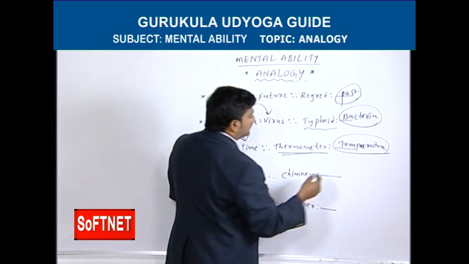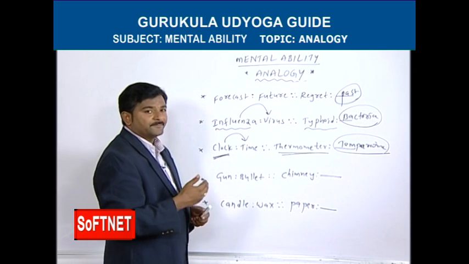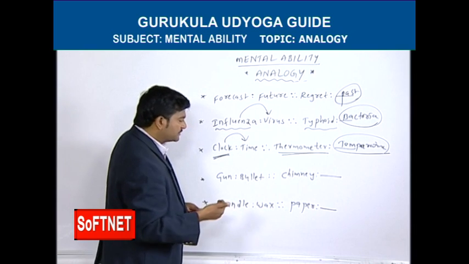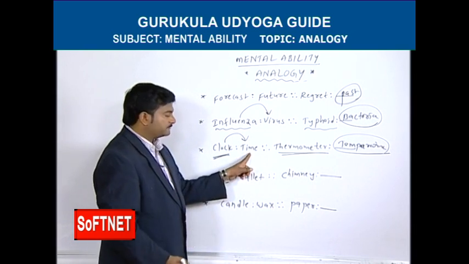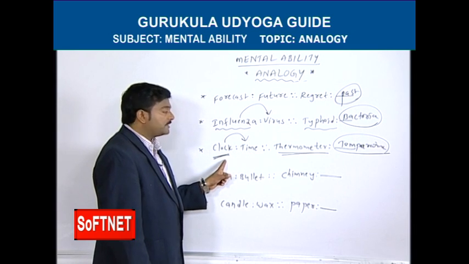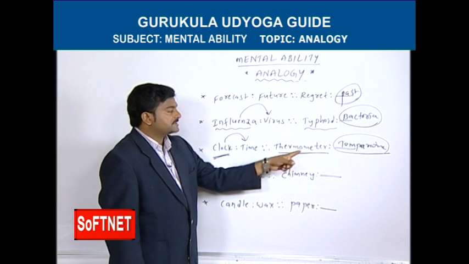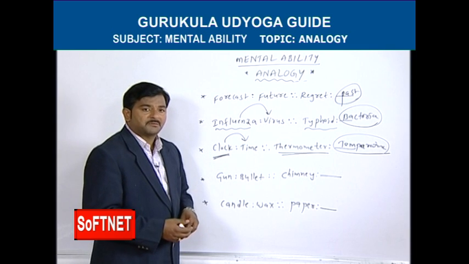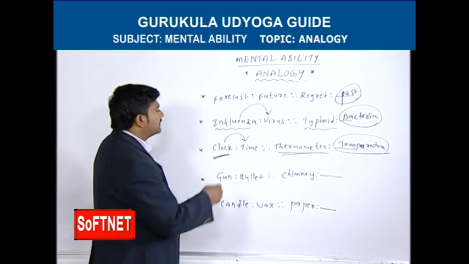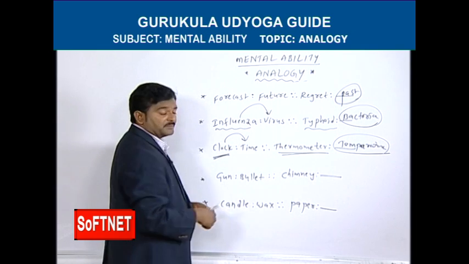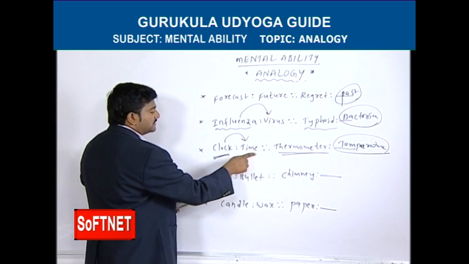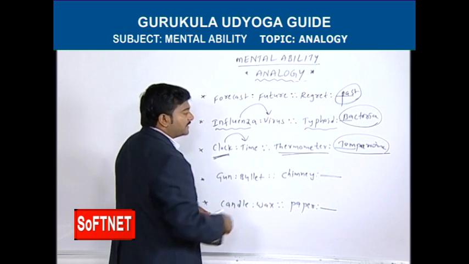So the first one is the machine, and the second is what we measure using that machine. Time can be measured by using a clock, similarly temperature can be measured by using a thermometer. That is the concept.